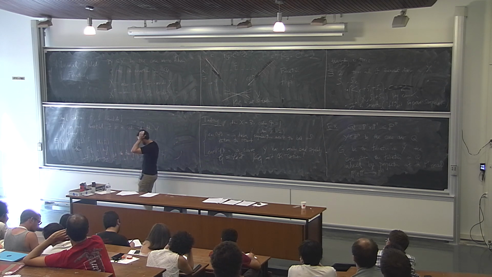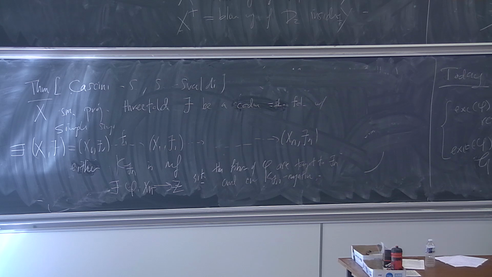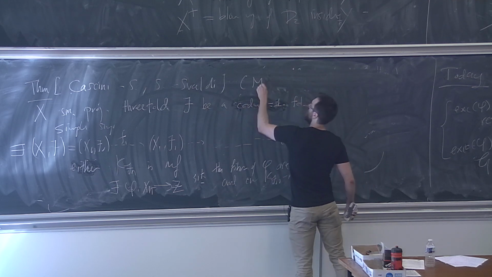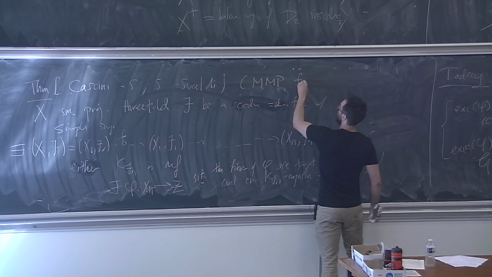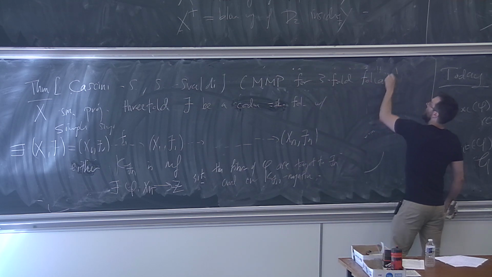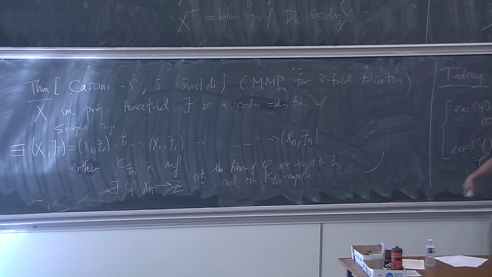So it's a Mori fiber space situation. Okay, so in other words, this is the MMP for threefold foliations. And this is what we're able to prove.